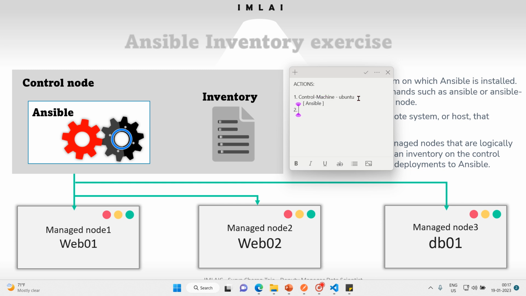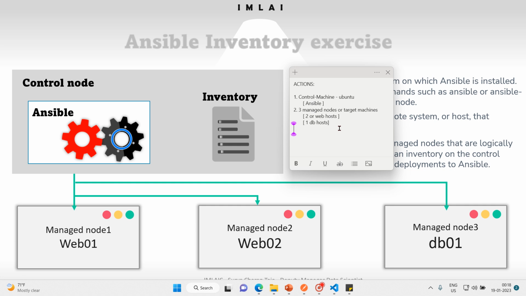The second one is that we have a total of three managed nodes, or target machines, or host machines, out of which two are web hosts and the other one is a database host.